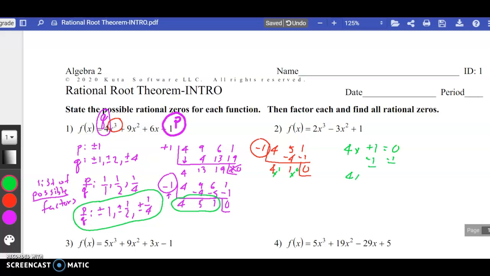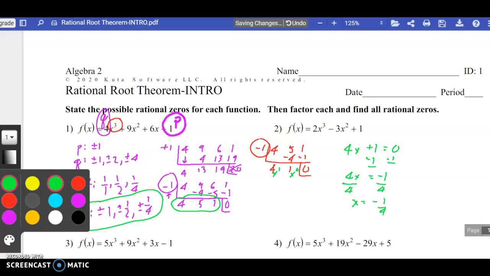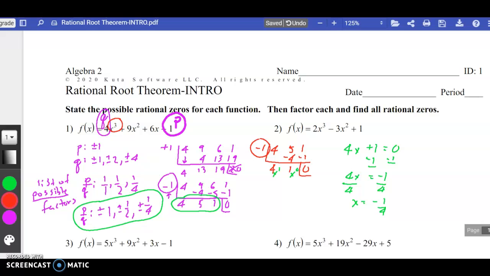I have 4x equals -1. Divide by 4, divide by 4, and that gives me x equals -1/4. I also have x equals -1, and I have x equals -1. Those are my 3 roots, and I am done.